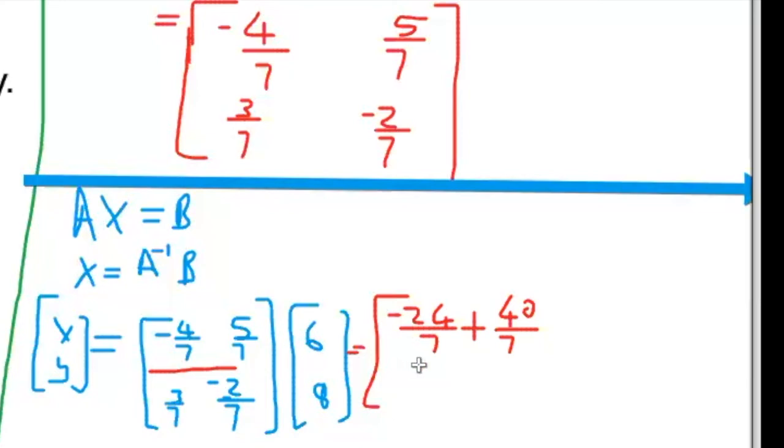So 3 times 6 gives us 18. So I'll have 18 over 7. Then I'm going to have 8 times negative 2. That is minus 16. So I'll have a minus 16 over 7.